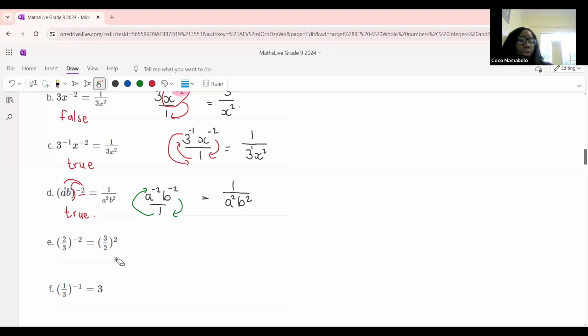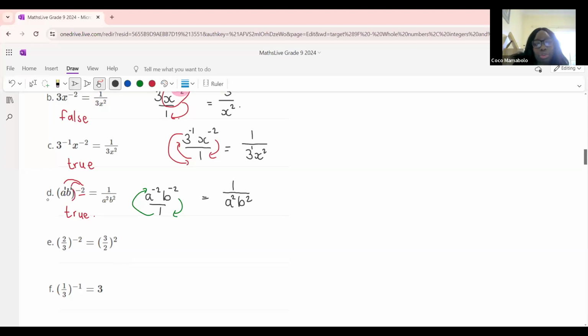Ilham says false. What did everyone else say? Angel also said false. Okay. I feel like everybody else was just like, ma'am, I was just gonna guess. Ashley says false. All right, let's see if this is actually true.